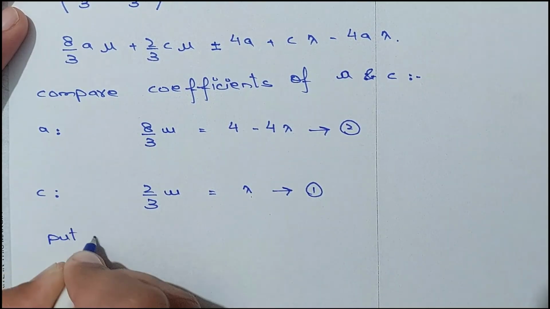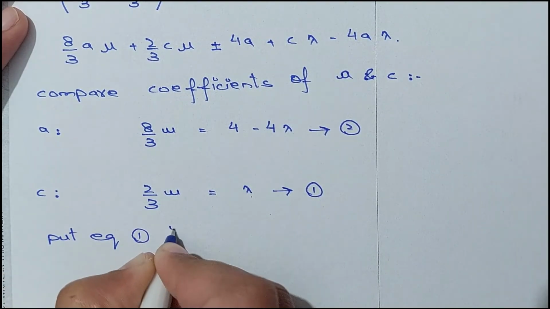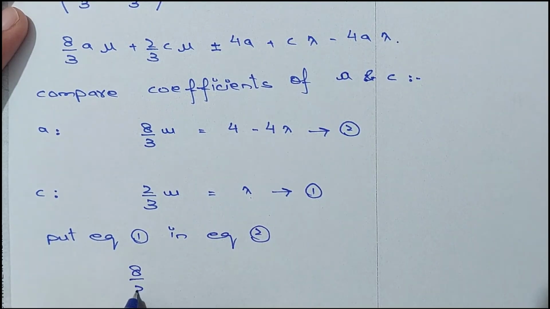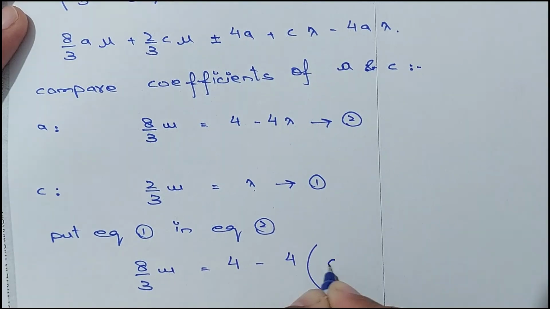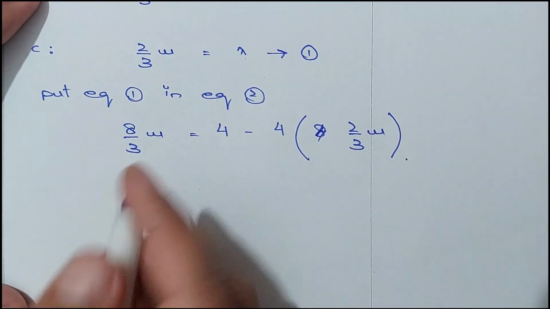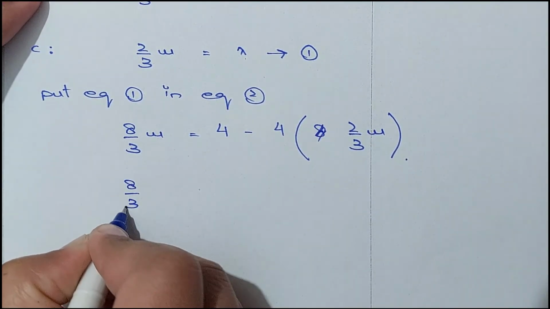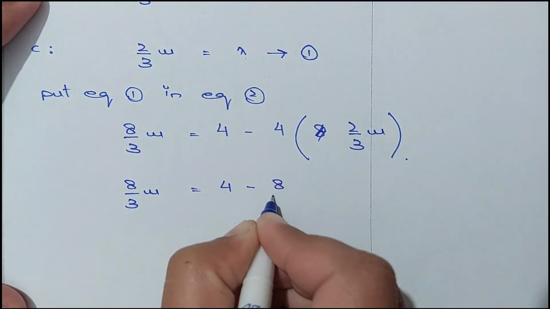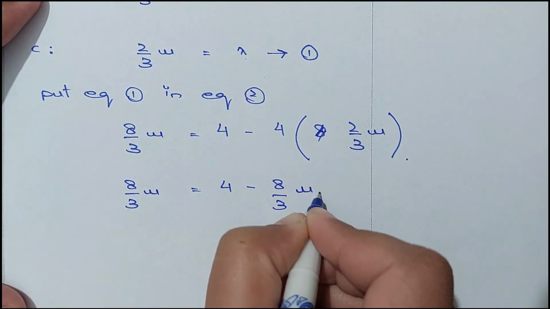So we can put equation 2 into equation 1. So 8 over 3 mu equals 4 minus 4 times lambda, and lambda is 2 by 3 mu. Simplify further. We have 8 over 3 mu equals 4 minus 4 times 2 would be 8 over 3 mu.